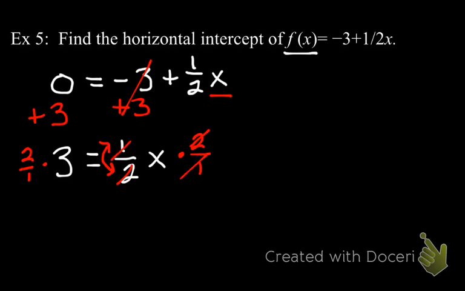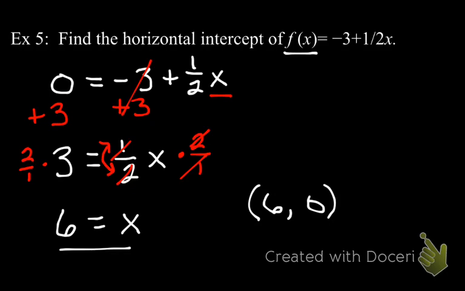And then on the left-hand side, 2 times 3 we know is 6. So that fraction is gone, all we have left is the x. And that gives us the horizontal intercept. So our horizontal intercept is going to be the point where x is 6, and then remember the f of x, we replace that with a 0, so it's going to be that ordered pair, (6, 0), and that's how they'll want you to enter those points in your assignment, as an ordered pair, with the x value coming first, comma, 0 for the y value.